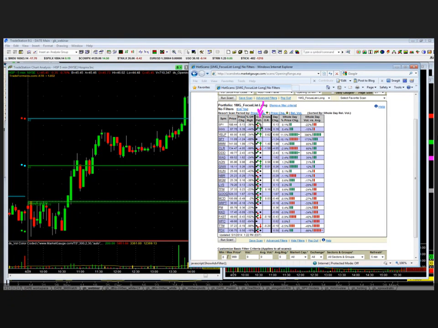The red or the green dot represents the fact that you either took out the opening range high or took out the opening range low at some point during the day. You don't know when, but if it's got a red dot like the SPYs, it means they've taken out the opening range low today, and a green dot means at some point they took out the opening range high.